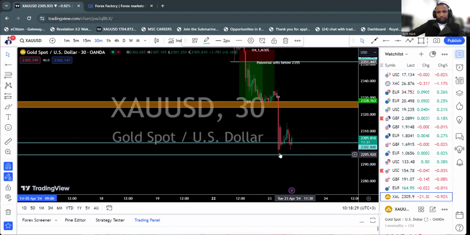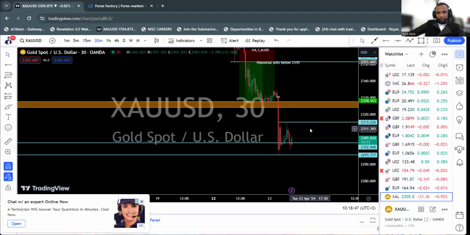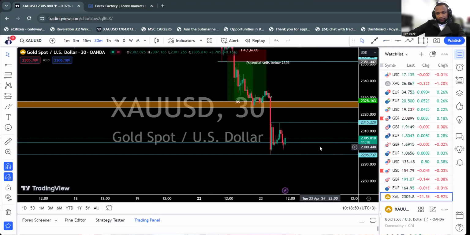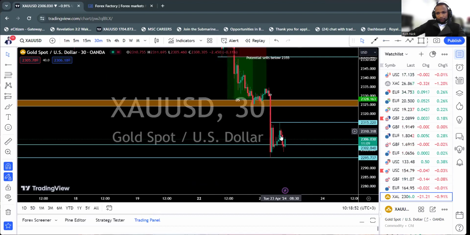It means the area between this line and this line is a very hard area for the market to break, right? That's where the market is right now. You see the market came down, dipped, went back up, started consolidating, pushed up to this point, created a new high over here, and is now pushing down again, and it wants to push back up.